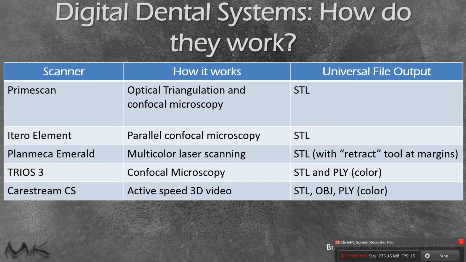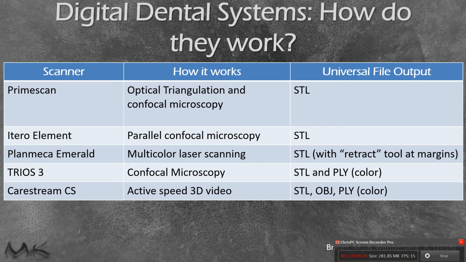So going through here, we have PrimeScan, iTero, Planmeca, Trios, and Carestream. If you look at a lot of these, they use the principle of confocal microscopy or laser scanning, and along with that, they're going to work in similar methods. One that is different is the active speed 3D video.